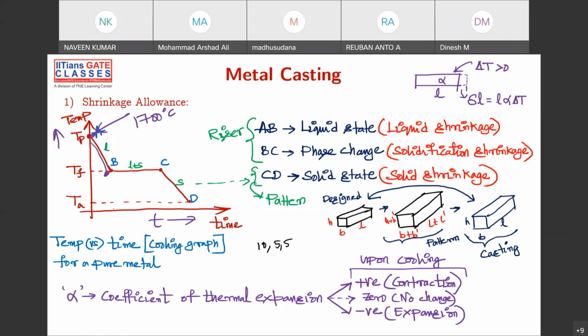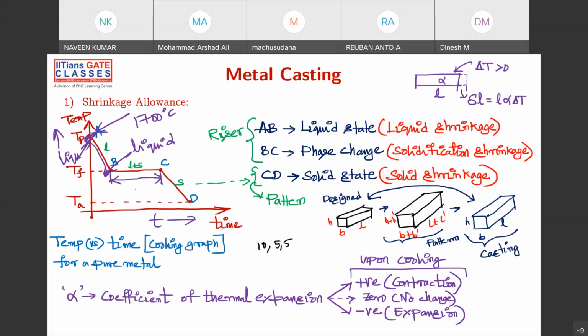It has reached some point, and please do remember, this point is liquid, and this point also is liquid. But after some point, it will not drop its temperature, but rather it will change its state. This is a phase change.